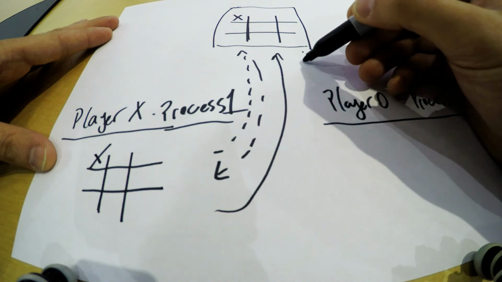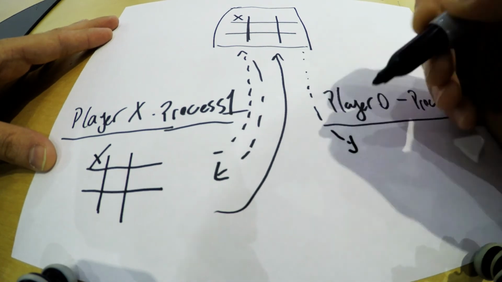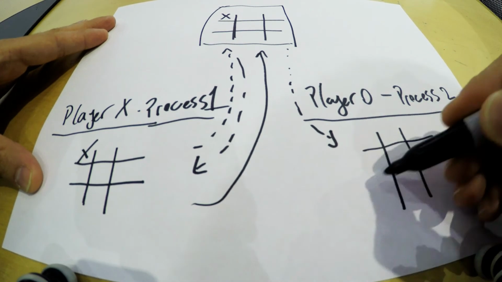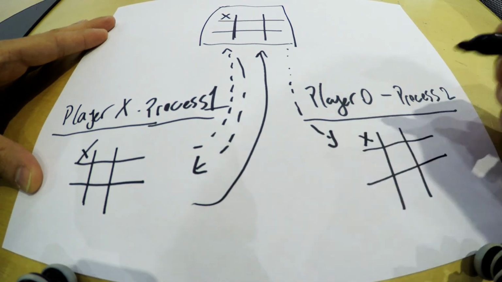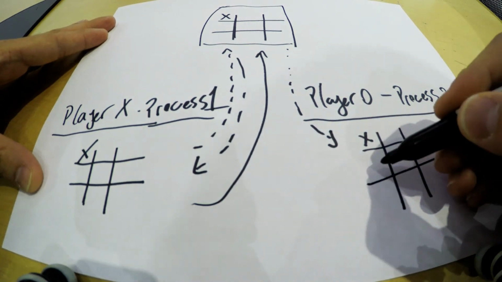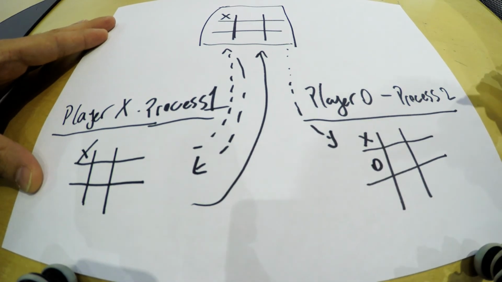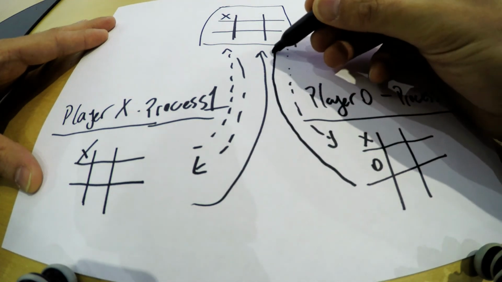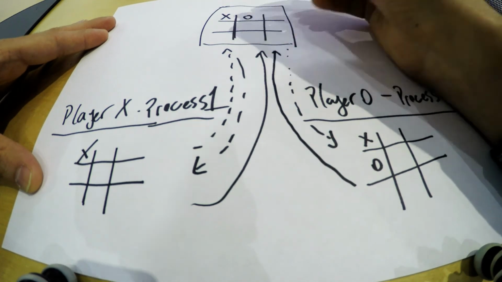Player O would then get the table, which would look like this, with an X here. Then player O would add its O wherever he wants to. Let's say he wants to put it here. Fine. Then player O would update it to be like this.